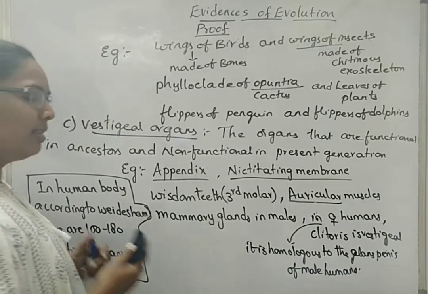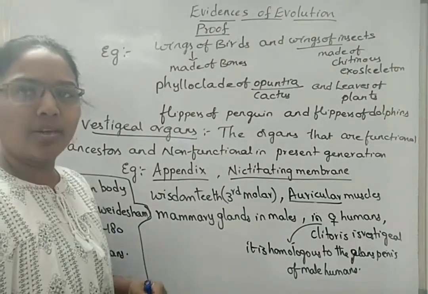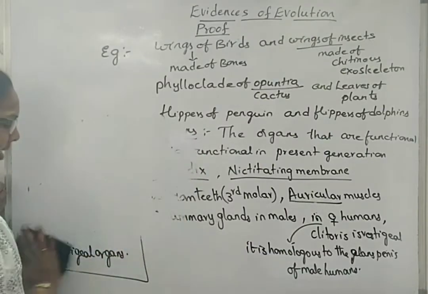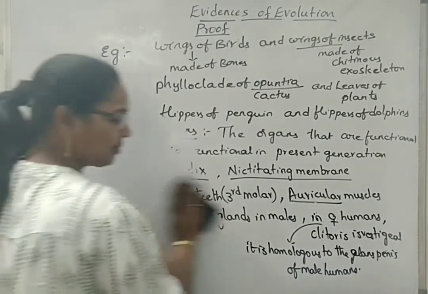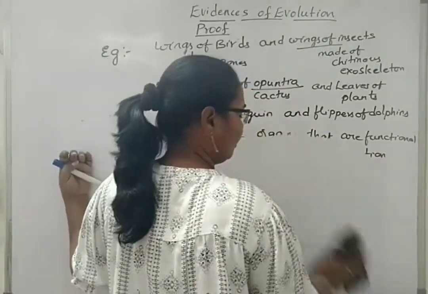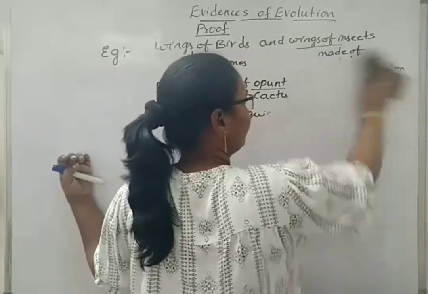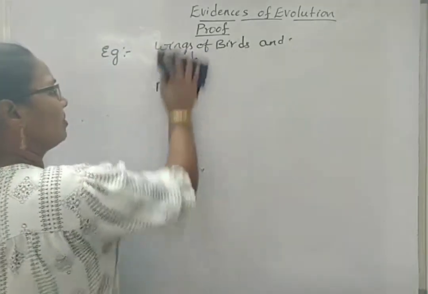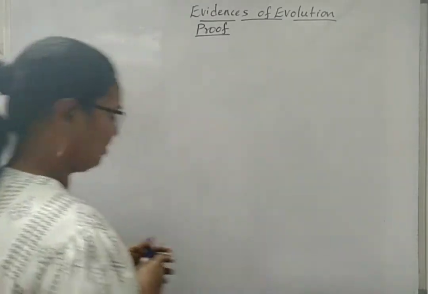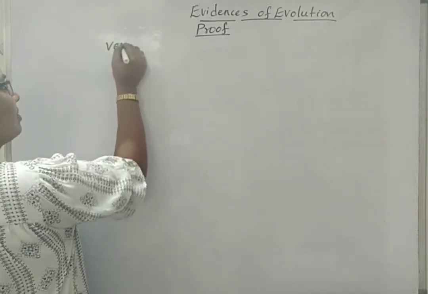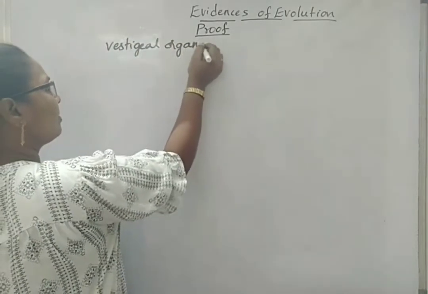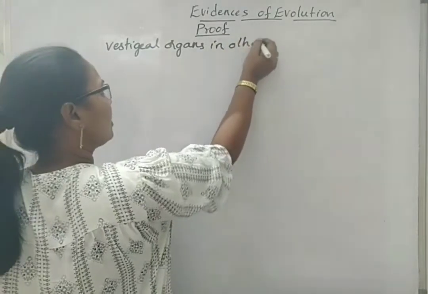In other animals also there are some vestigial organs, just like pythons. In case of birds, we can see some of the vestigial organs. In horses, vestigial organs in other animals.